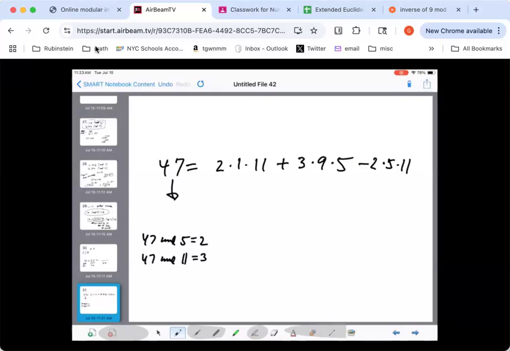I just want to throw out there that 47 has this remainder.